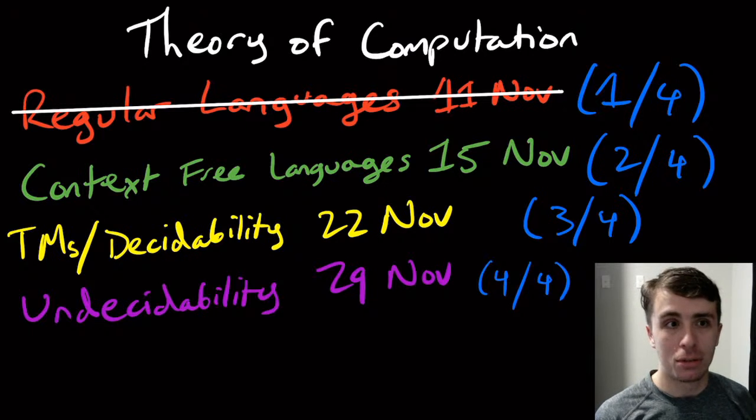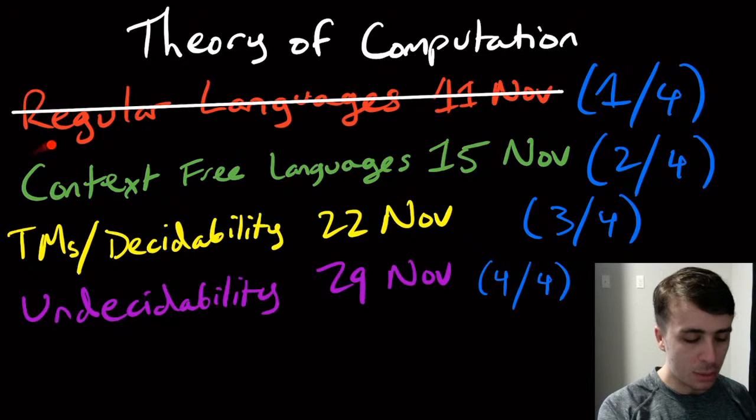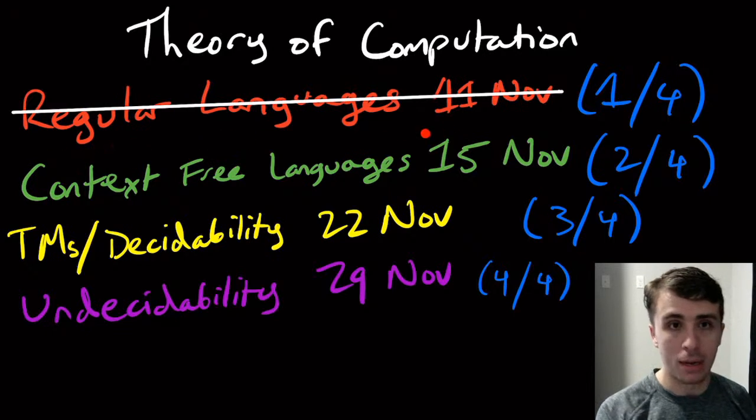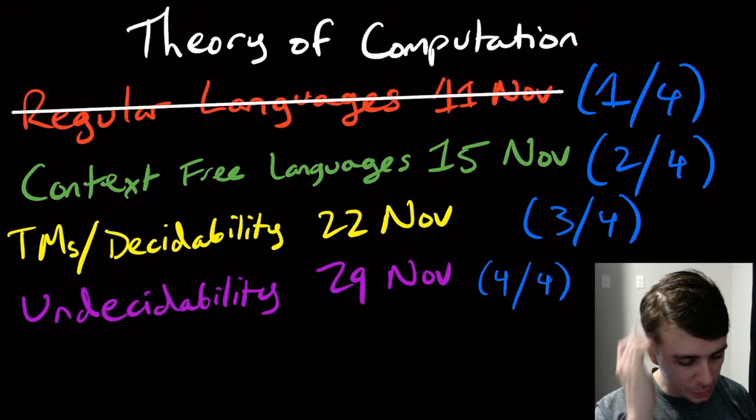All right, so let's get started. We're going to be talking about context-free languages in their entirety today. We recently did a live stream on regular languages a few days ago, and we're going to do one today entirely on the context-free languages. So where does this context-free thing come from?